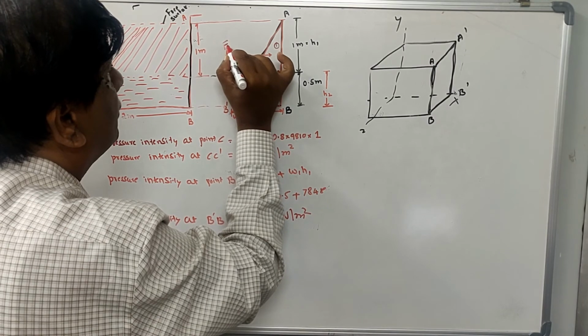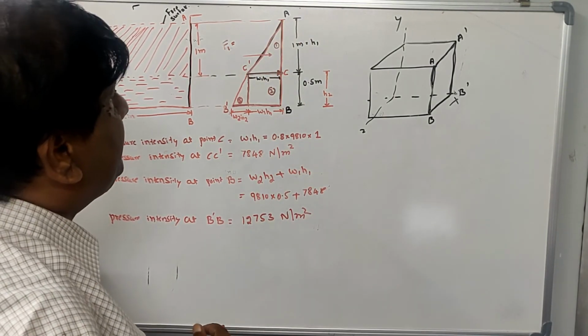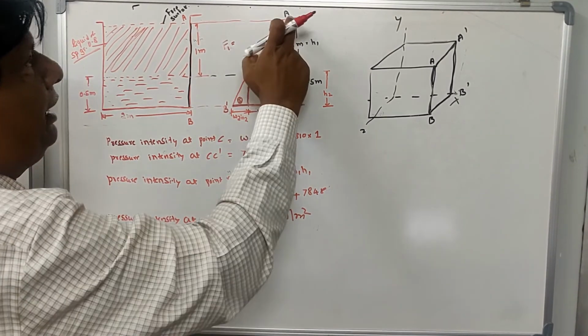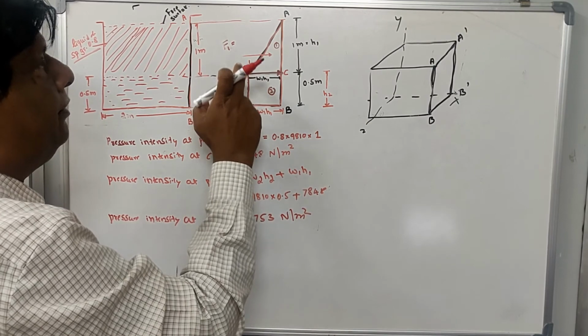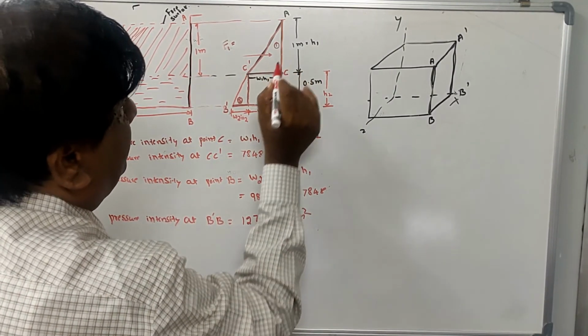F1 is equal to area of the triangle ACC dash multiplied by 1. And where does it act?